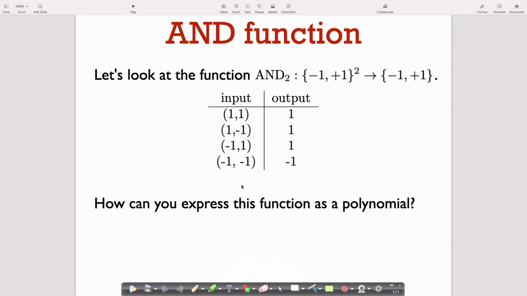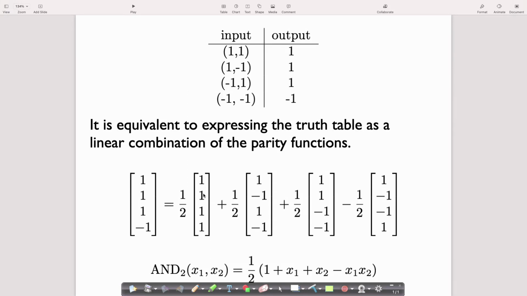So how can we express this function as a polynomial, as a linear combination of these parity functions? We can just look at the truth table of the AND function, and we want to express that as a linear combination of the parity functions.